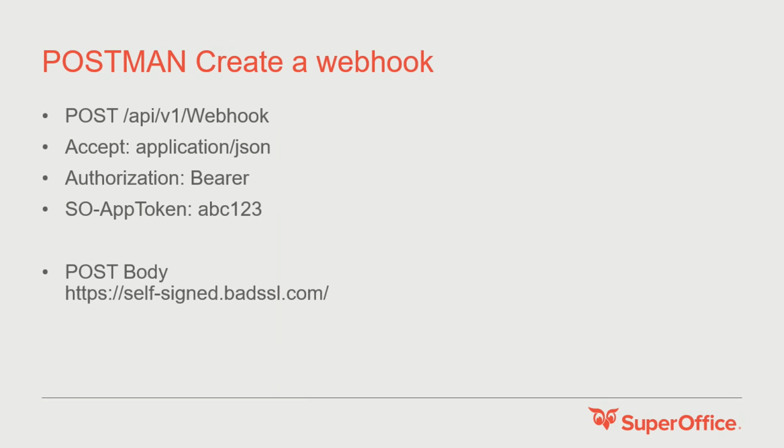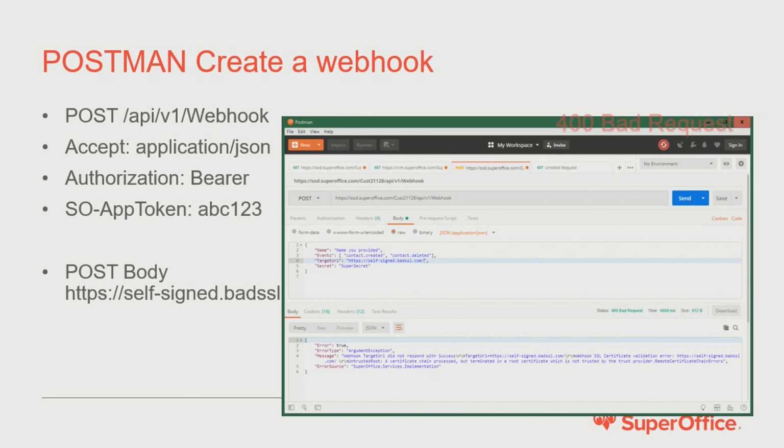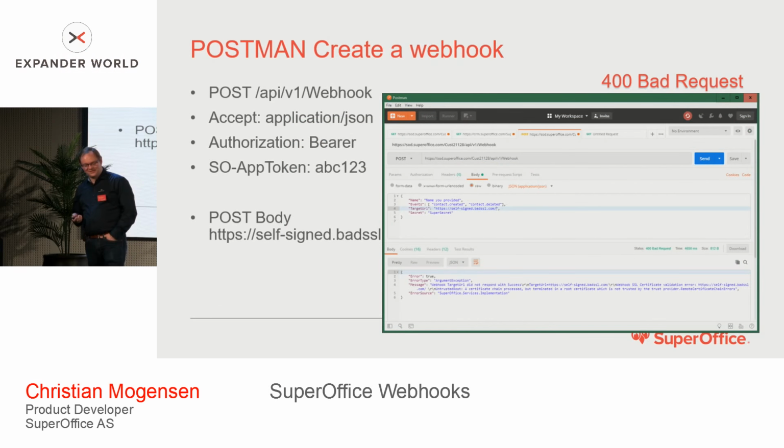Still okay. And here's a thing, so you can try this out yourself. There's a site called Bad SSL, which has lots of different SSL errors for you to try out. You can try, for example, the self-signed certificate from Bad SSL. In that case, you'll get a nice error message saying nope, this URL has a certificate validation error. It's not terminated in a trusted root certificate, so I'm not going to trust this one.